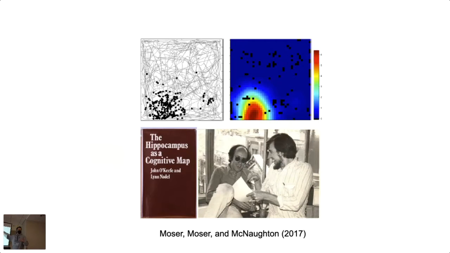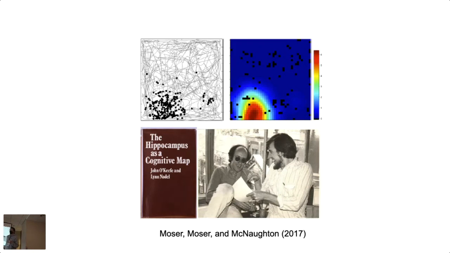We already talked about this in the last hour or so, but the discovery of place cells and their initial reports were happening in the 70s with this seminal work, The Hippocampus as a Cognitive Map, describing a whole theory about how the brain creates maps of space based on these types of neurons in the hippocampus. And specifically, this is a CA1 principal neuron, which we are talking about, of a rat.